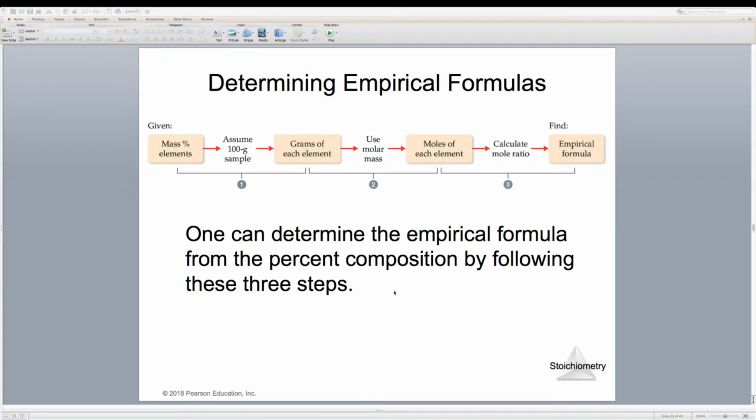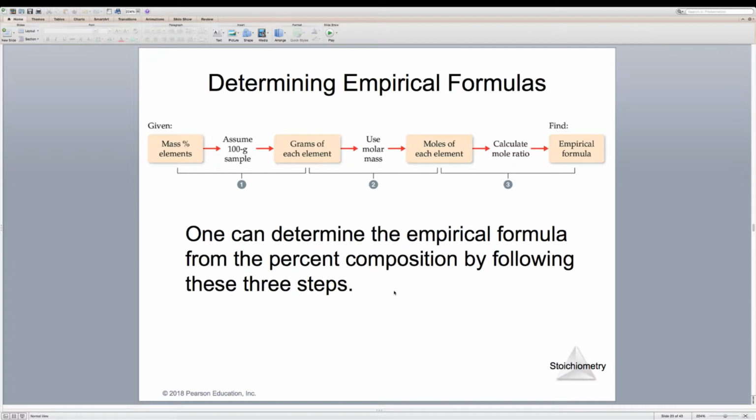Okay, so empirical formulas are the lowest whole number ratio of atoms in a particular chemical formula, but that does not mean that it is your molecular formula. Some molecules have formulas that can be reduced to lower whole number ratios, but the empirical formula can always be determined from the percent composition.